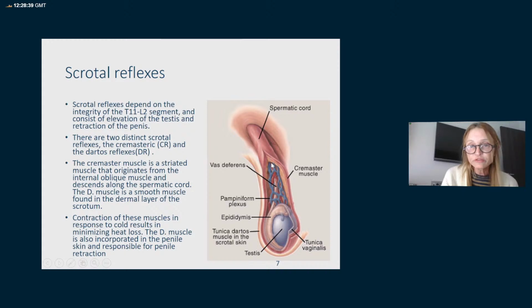The cremasteric reflex is a striated muscle that originates from the internal oblique muscle and descends along the spermatic cord. And the dartos muscle is a smooth muscle found in the dermal layer of the scrotum. Contraction of this muscle in response to cold results in minimizing heat loss.